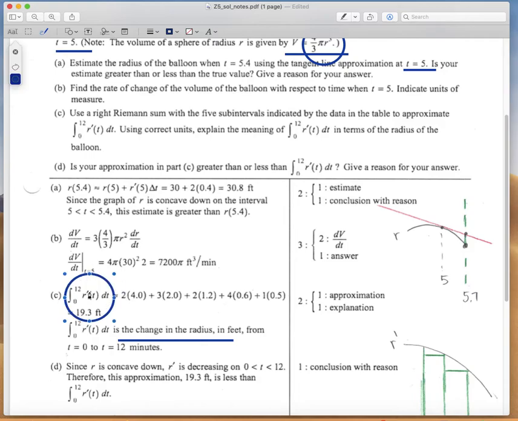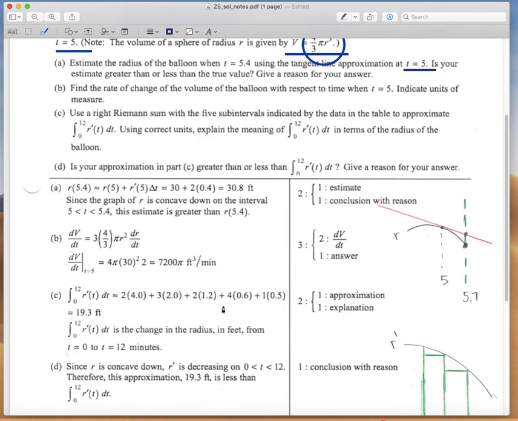That thing right there, r prime, is the rate of change of r. So if I integrate that, I get change in r. And between those two times, time equals 0 and time equals 12 minutes.